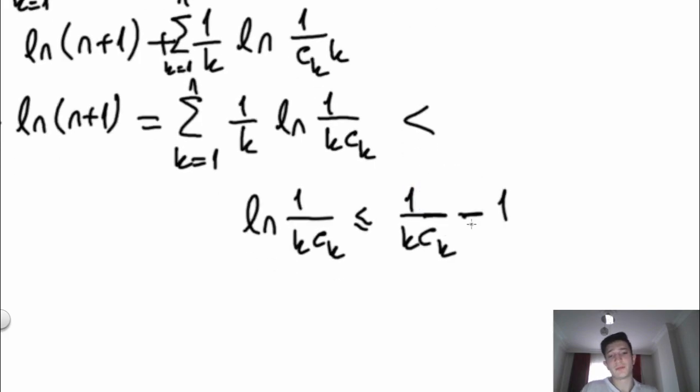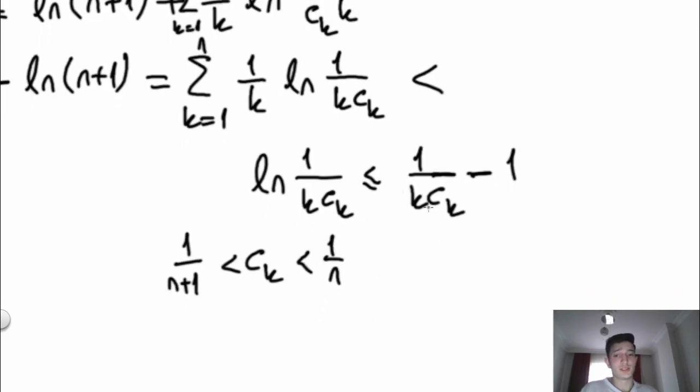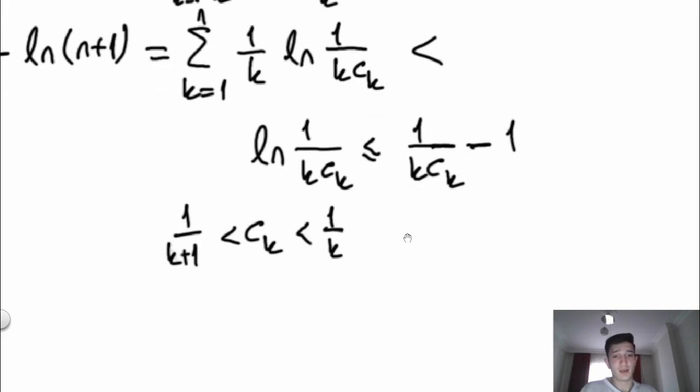And well, if you remember, c_k was between 1/(n+1) and 1/n. I just made all of the n's into k plus 1. So I want to get 1/(k c_k), so I'm just flipping all sides.